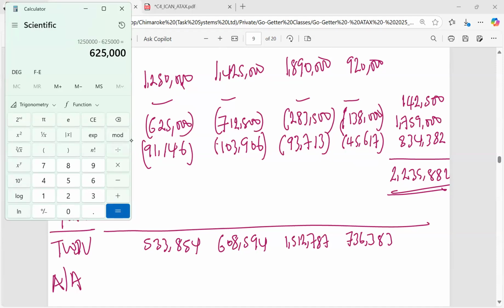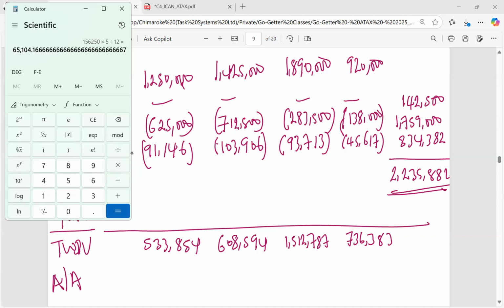When we divided it by 4 years, this is what we got for 1 year, 156,250. Now we want to take 5 months out of it.